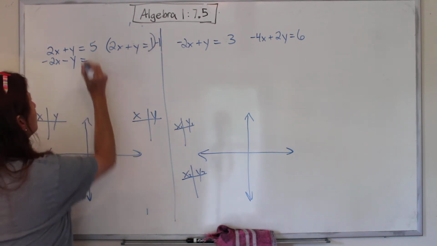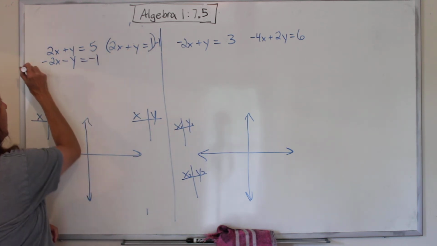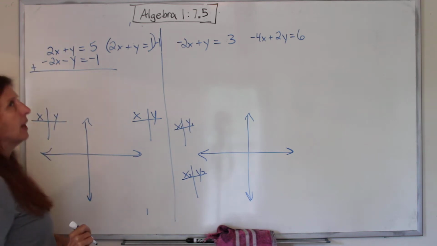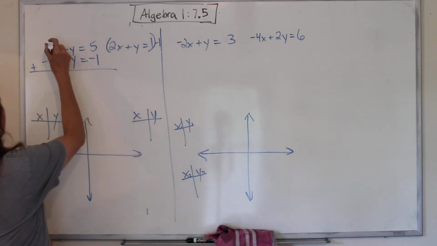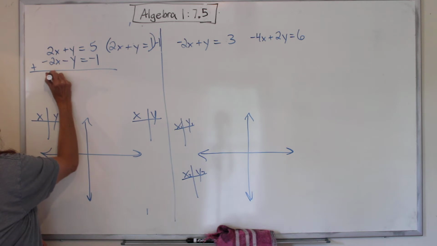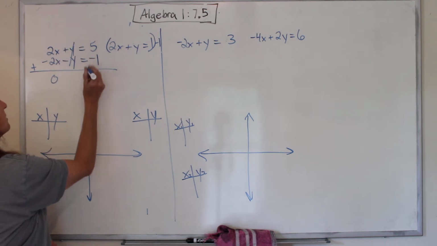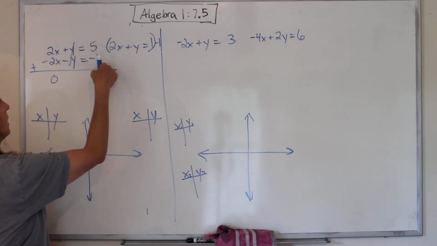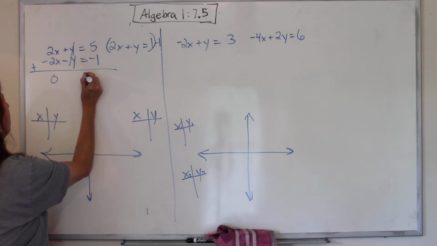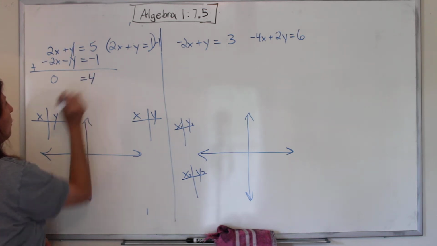And -1 times 1 is -1. I draw my line and say plus, I'm doing combination. And 2x minus 2x is 0. Those cancel out. And 5 minus 1 equals 4.